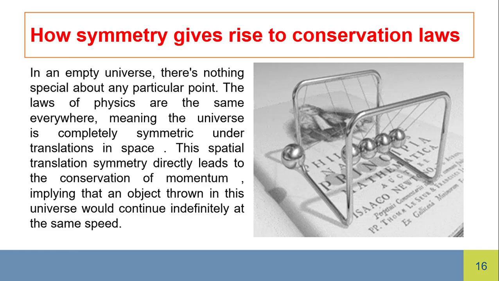And this time translation symmetry is like when we throw an object in this universe, let's say it traveled 100 meters in 10 seconds. After 10 seconds, we can move the whole universe 100 meters so that the ball will remain at its original position, which means that this universe contains this translation symmetry.